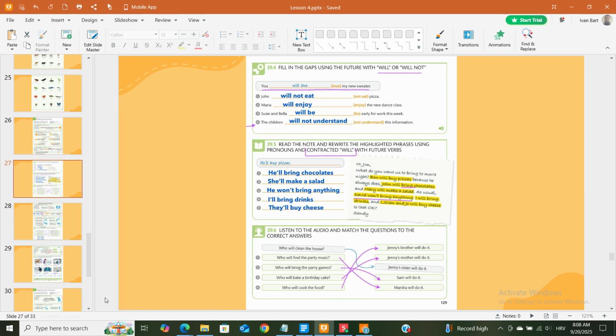39.5 Read the note and rewrite the highlighted phrases using pronouns and contracted will with future verbs. He'll buy pizzas. He'll bring chocolates. She'll make a salad. He won't bring anything. I'll bring drinks. They'll buy cheese. Hi Jim, what do you want us to bring to movie night?